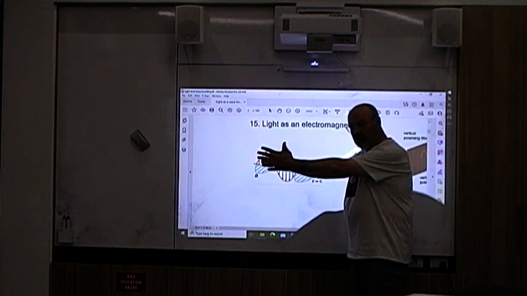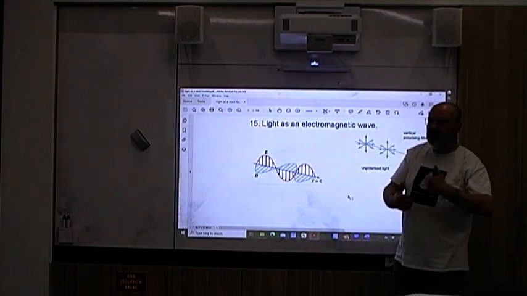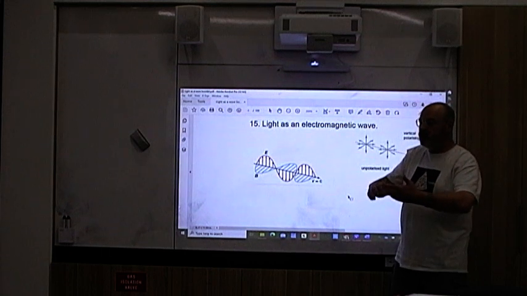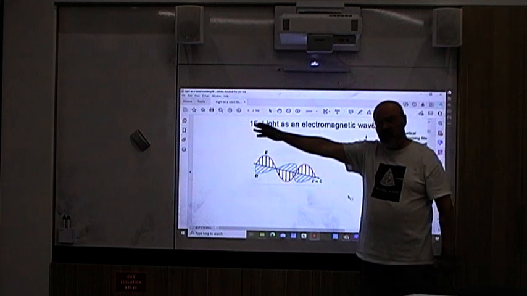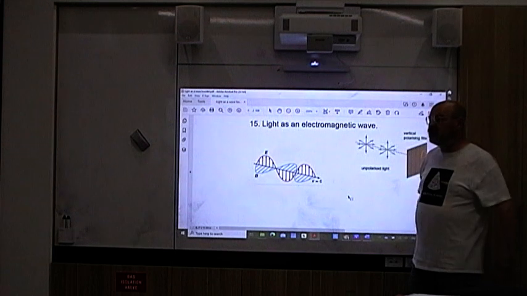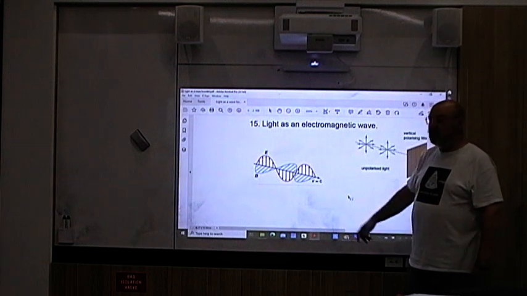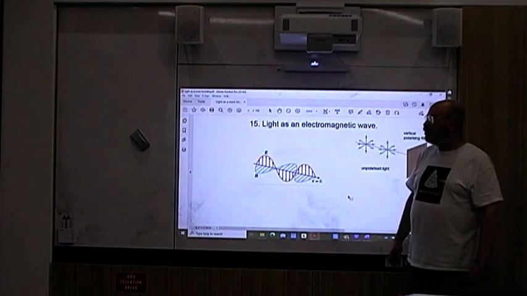That's how light propagates. When a change in one field creates a change in another, which in its turn creates a change in the first, light moves. So light doesn't need any medium to travel; it can travel through empty space, because electric and magnetic fields can oscillate in empty space.